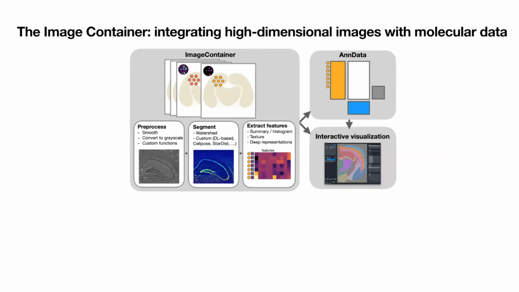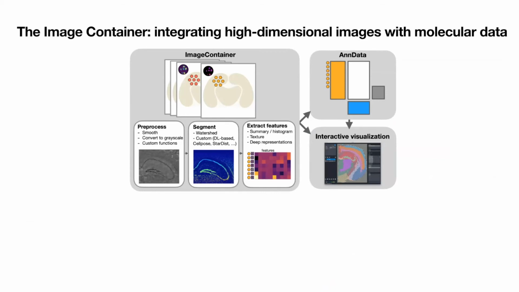So essentially, like I already motivated, in addition to dealing with the spatial graph, many of these spatial methods provide large microscopy images. And for this, we developed this image container, which essentially is just a wrapper of xarray.